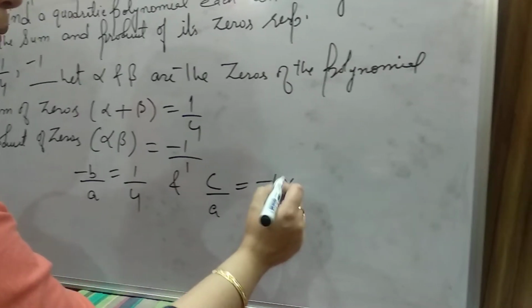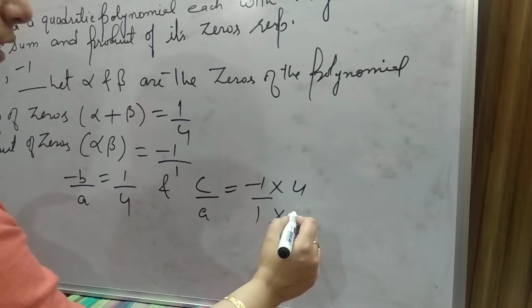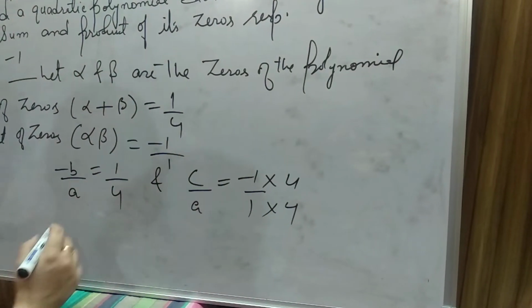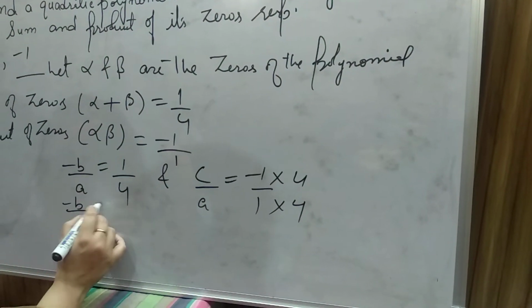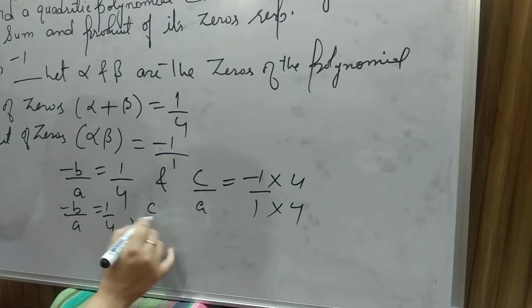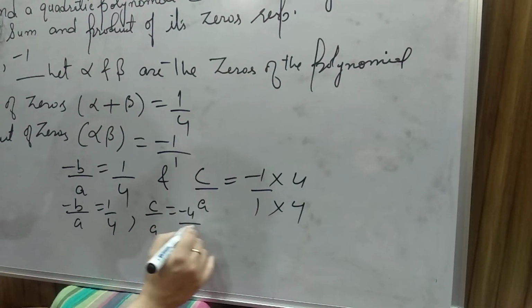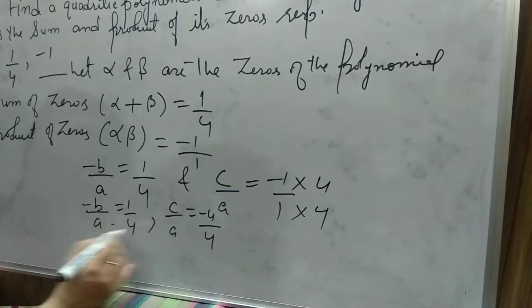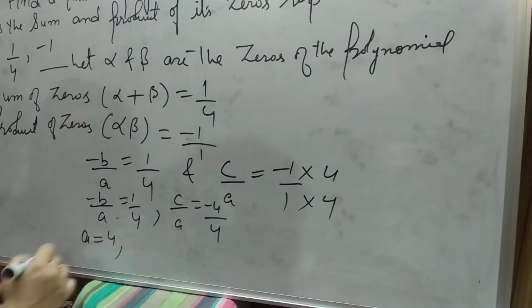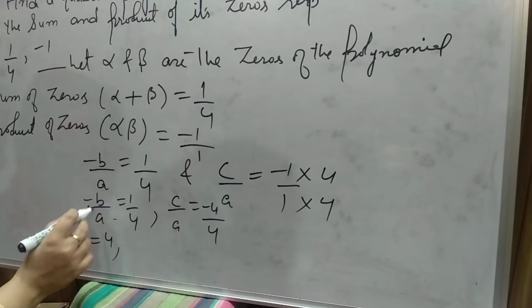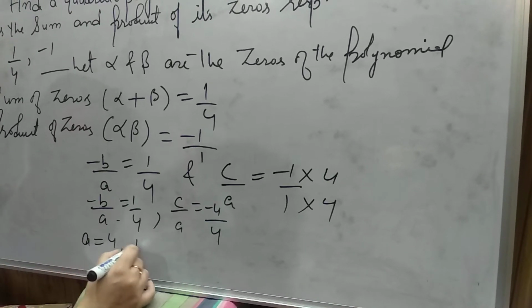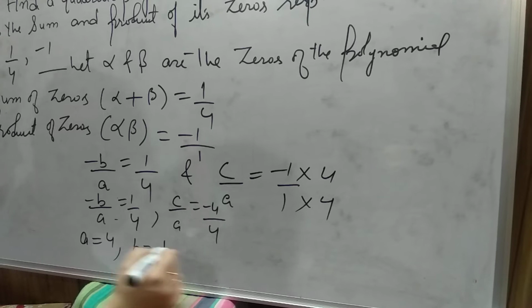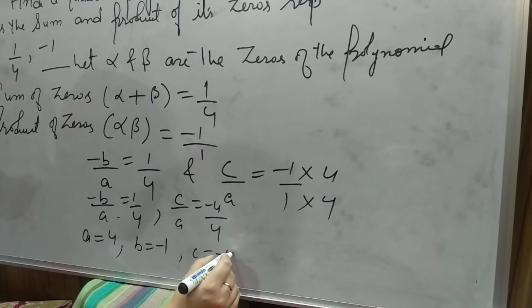So multiply both numerator and denominator by 4. Now minus b upon a is equal to 1 by 4 and c upon a is equal to minus 4 upon 4. So from there we get a is equal to 4, minus b is equal to 1, which means b is equal to minus 1, and c is equal to minus 4.